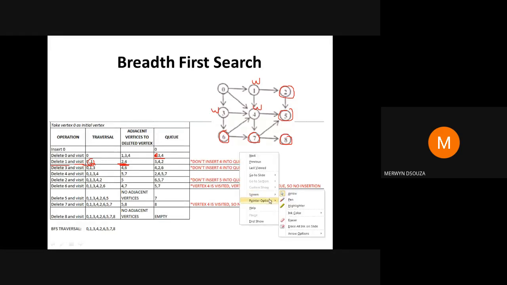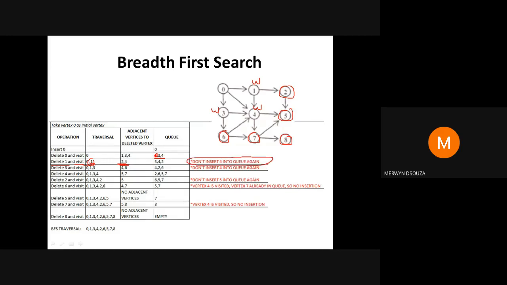That's why I have put a remark that 4 will not be inserted again, because 4 is already in the waiting state. It is not in the initial state anymore. Adjacent vertices you can push into the queue only if they are in the initial state. So right now only 2 is inserted here. Clear?